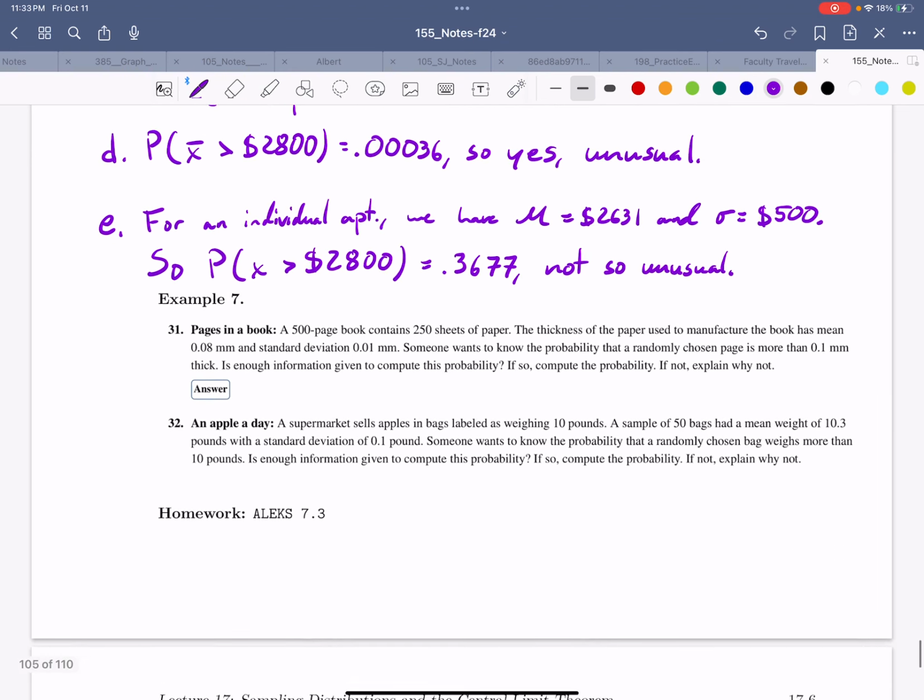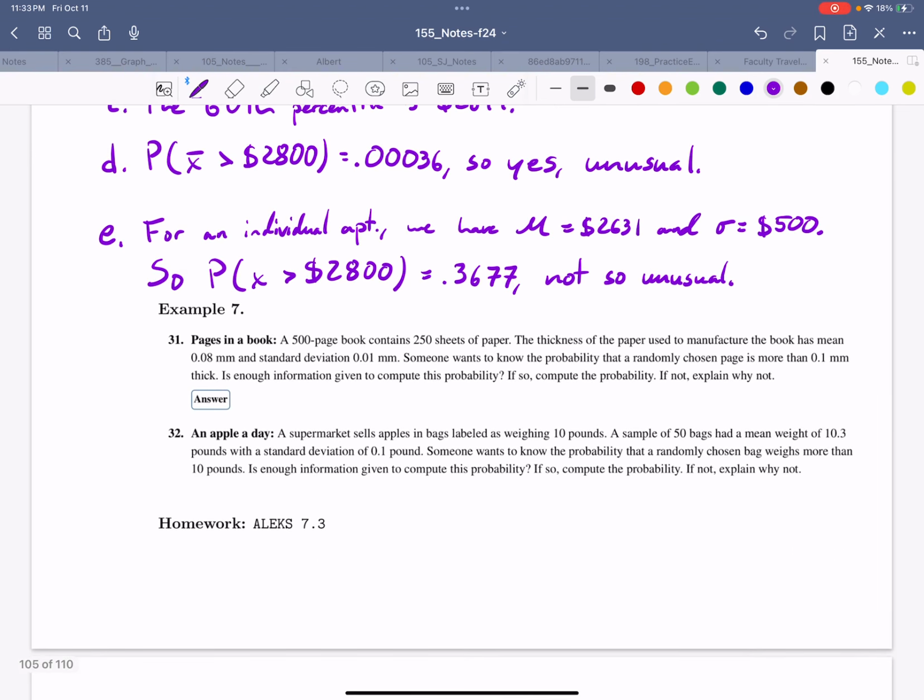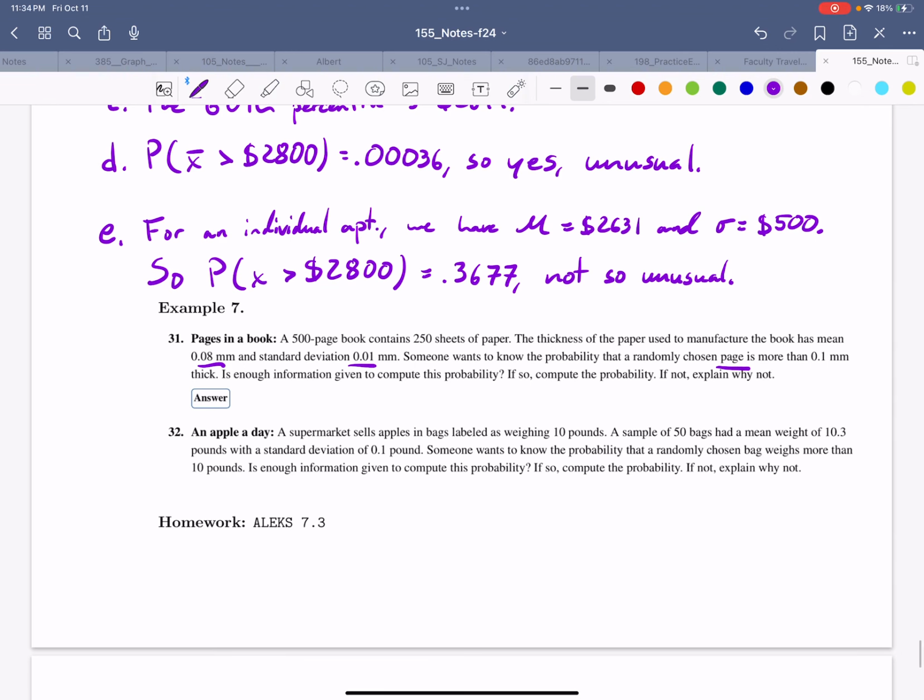All right, last but not least, a couple of examples. This will be quick, don't worry. A 500-page book contains 250 sheets of paper. Thickness has a mean of 0.08, standard deviation 0.01. Someone wants to know that a randomly chosen page, singular, is more than 0.1 meters.